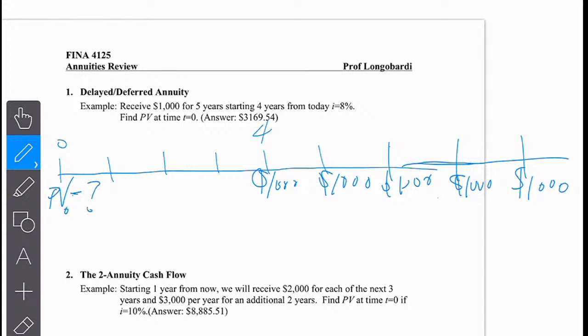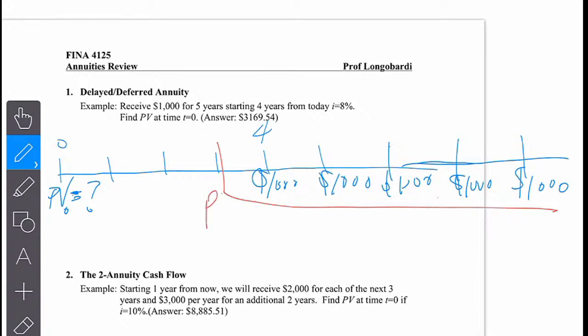Those formulas are all for present-period calculation, not for something going on in the future. So we have to adjust those formulas using some of the techniques I've already showed you or you're familiar with. The annuity corresponding to our formula would start one period before the first payment.